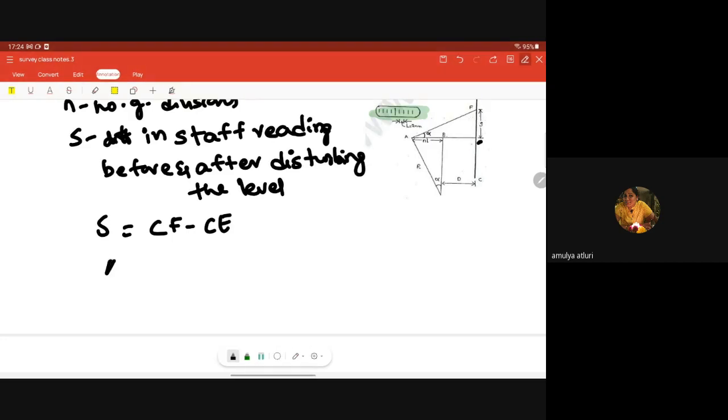In the triangle FAE, what is tan alpha? Tan alpha is equal to S by D, right?